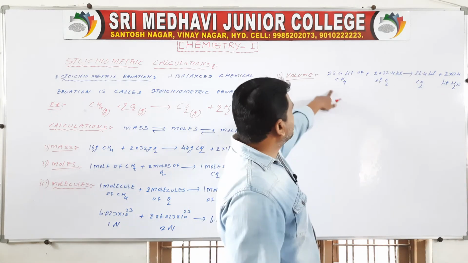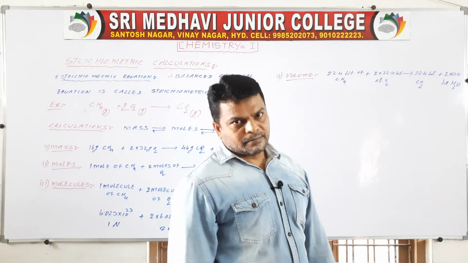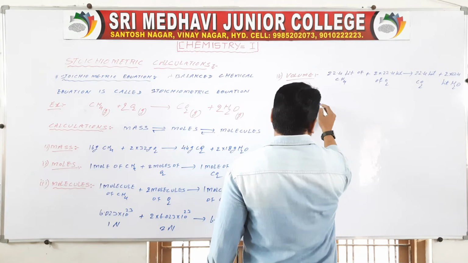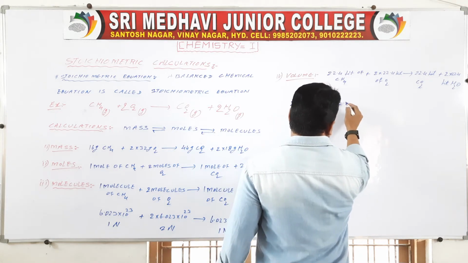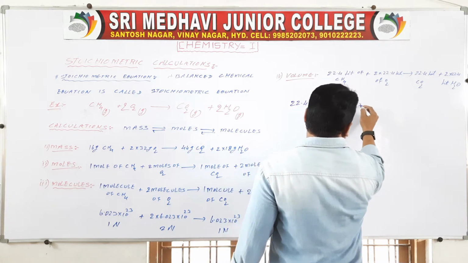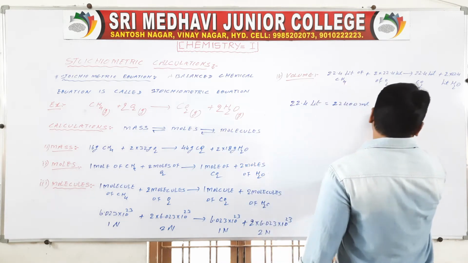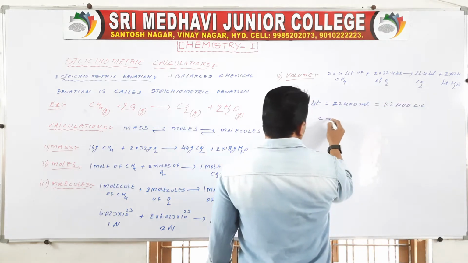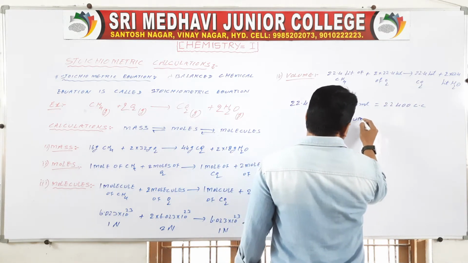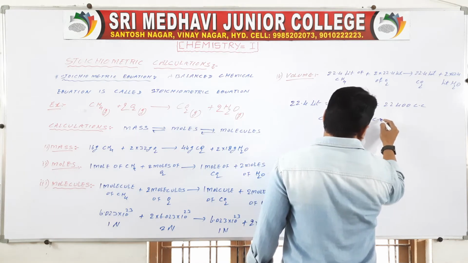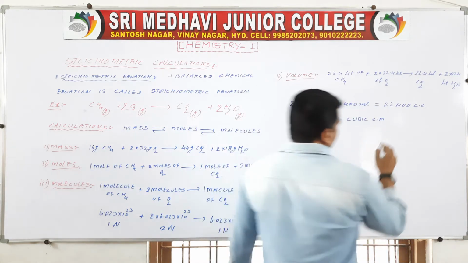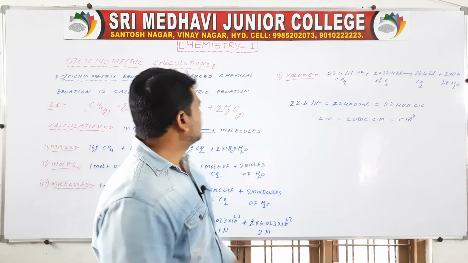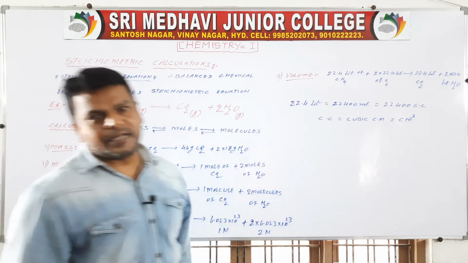So it is in volume. 22.4 liters is equal to 22,400 milliliters, that is equal to 22,400 cc. Cc means cubic centimeters, centimeter cube. This is nothing but stoichiometric calculations.